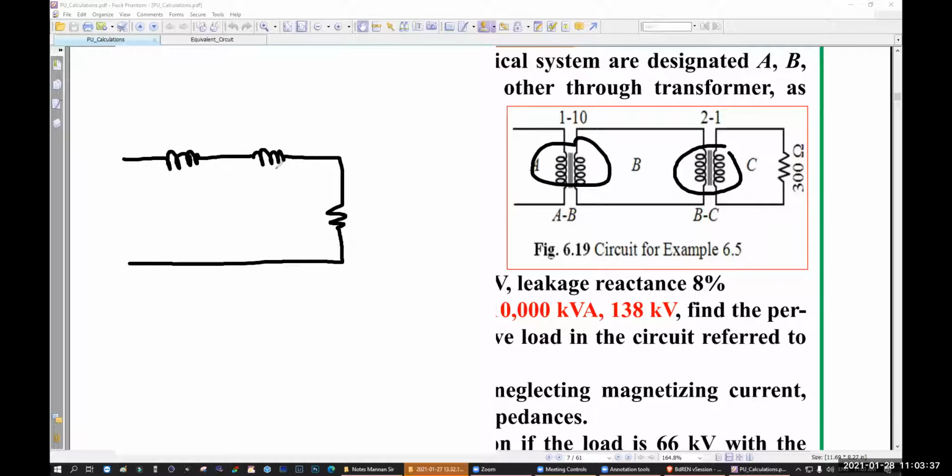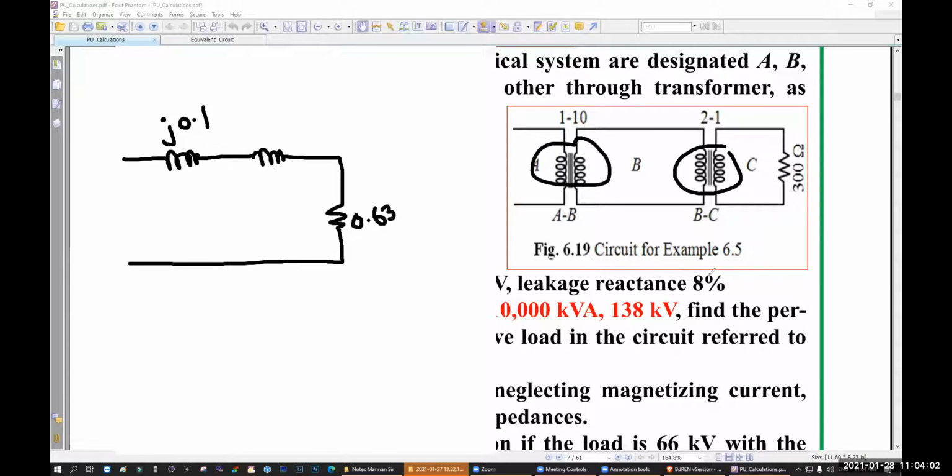Now, what is the value of these three things? This one is 300 ohm, but you have to write it in per unit. What is the per unit value? Remember, 0.63. What is the reactance of this one? 10%, right? 0.1. 10% means 0.1.